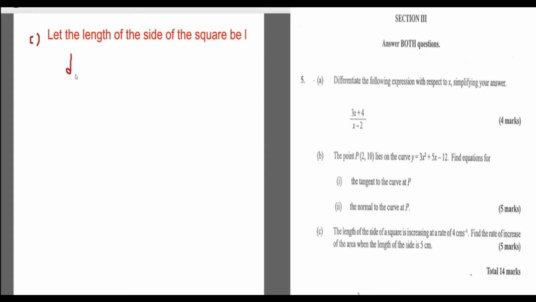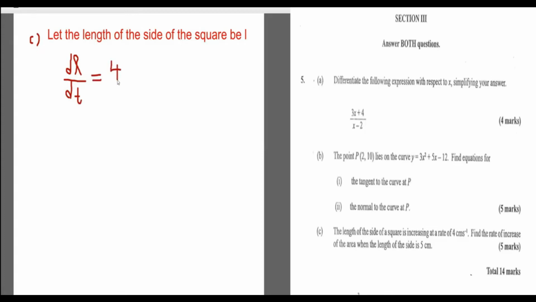Increasing is positive. So they're telling us that dL by dt, that's a rate, is 4.